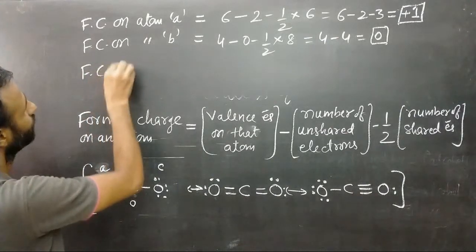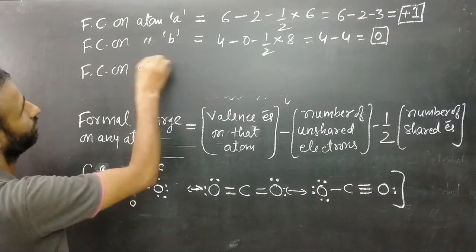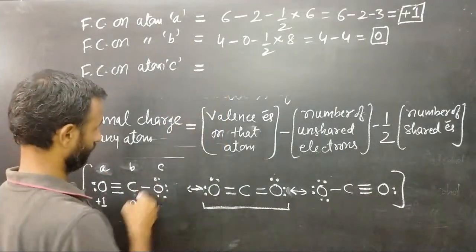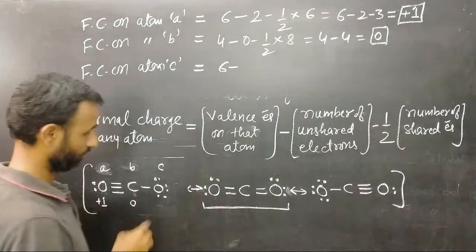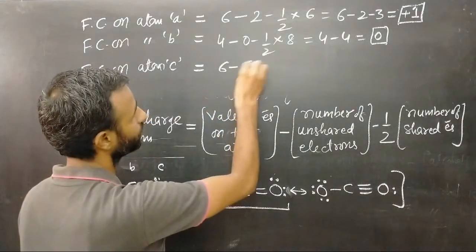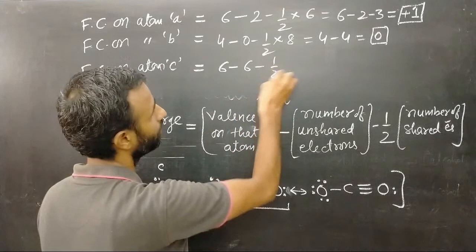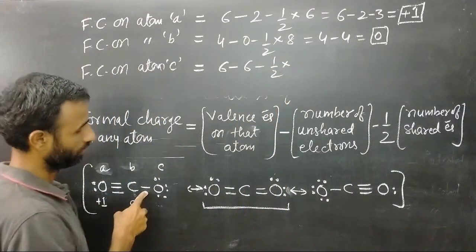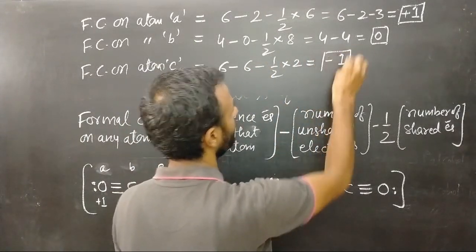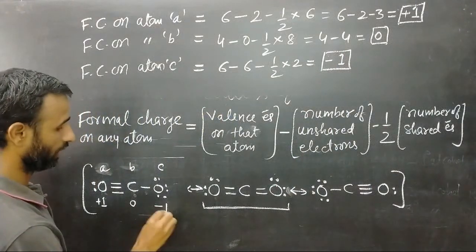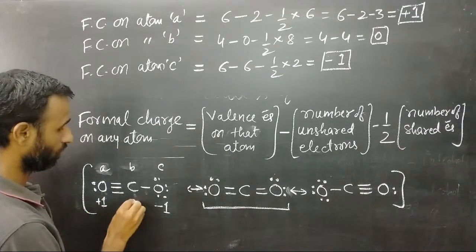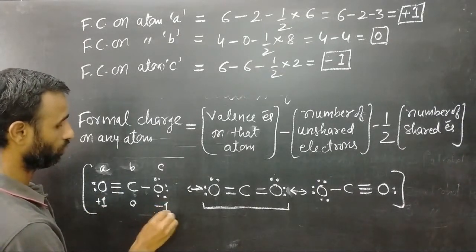Formal charge on atom C. So 6 valence electrons. Unshared electrons 6, minus half of 2. So it is minus 1. So formal charge on C is minus 1. Plus 1, 0 and minus 1.